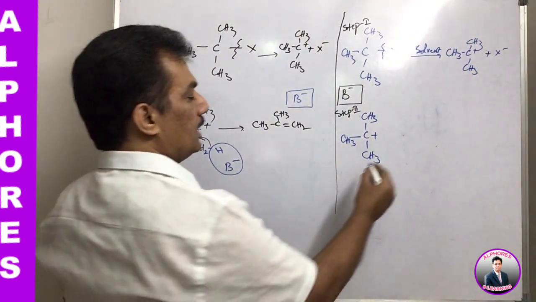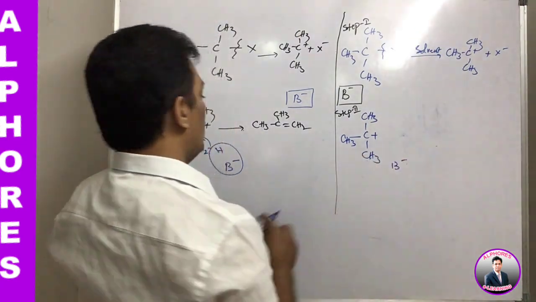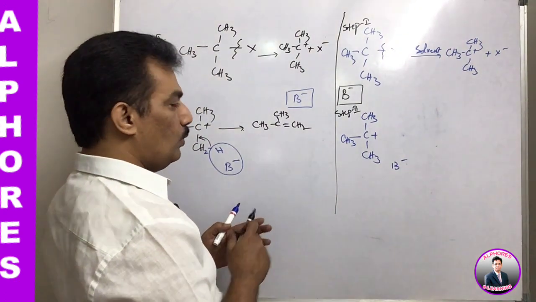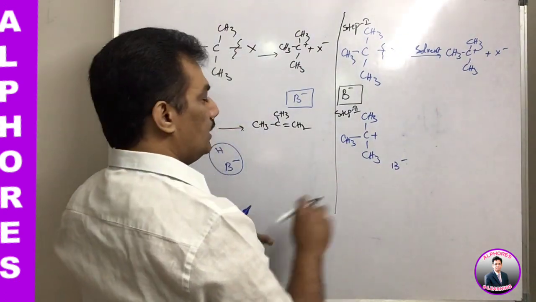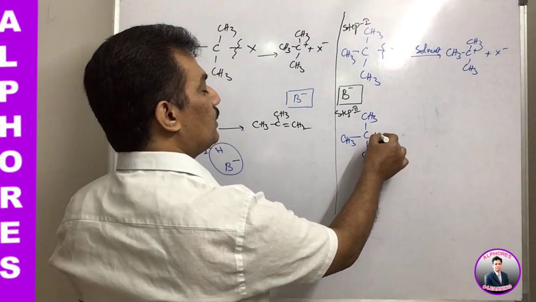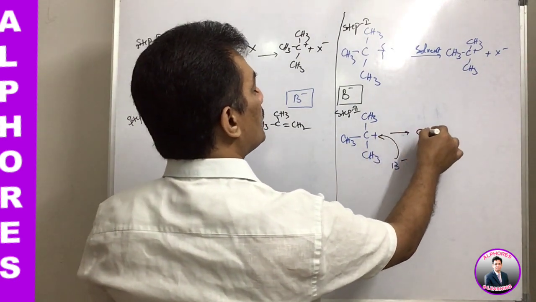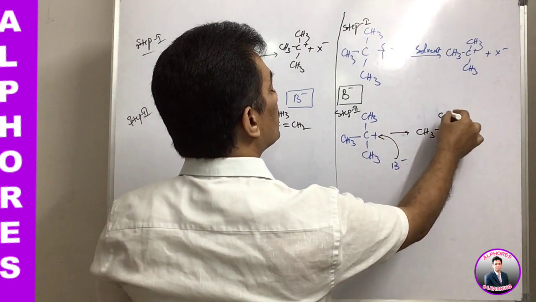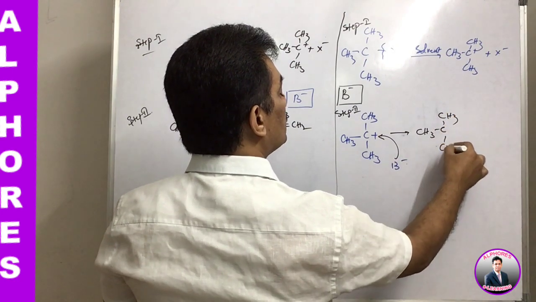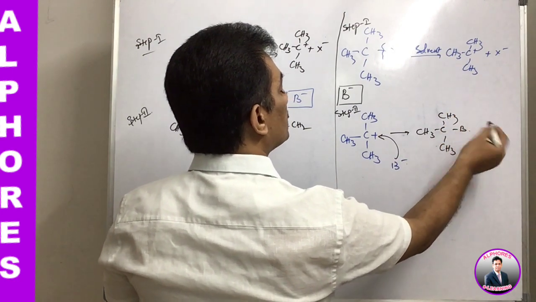And in case this B minus is unable to abstract H plus and instead attacks here, it forms CH3, CH3, CH3, B like this.